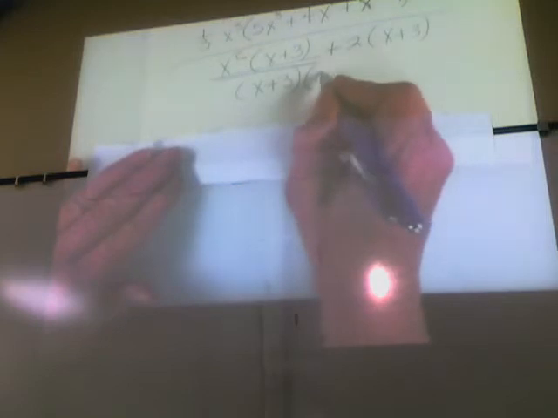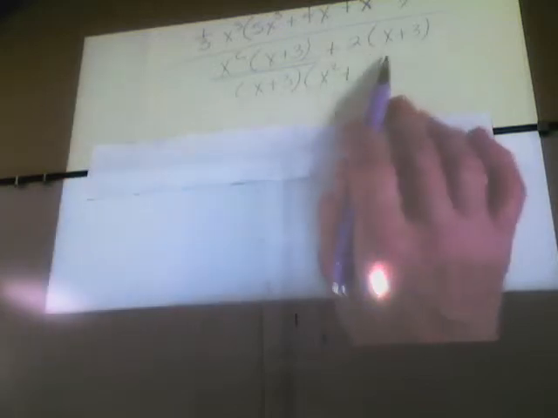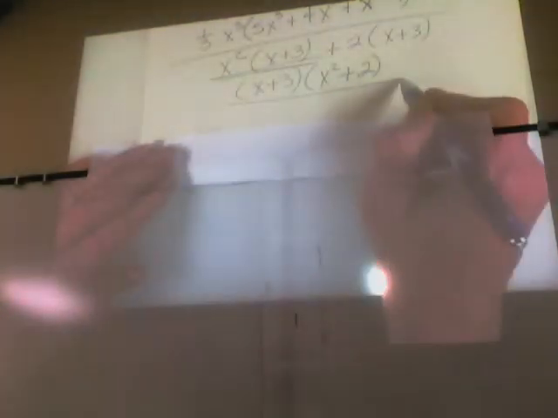Now to get this first term, what is it multiplied by? It's multiplied by x squared. Now we're going to put plus. What is the x plus 3 multiplied by here? 2. And so now you're done.